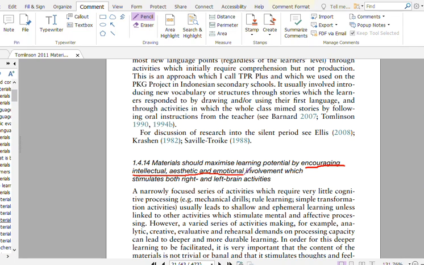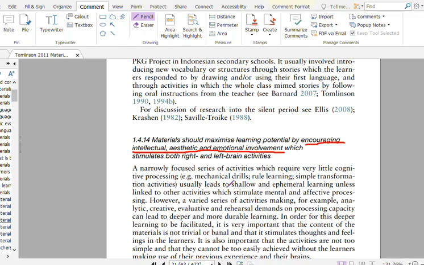It is essential to involve students cognitively or mentally, but if you want to have better, effective and influential learning and development, you need the intellectual, aesthetic, emotional involvement of students. Right brain, left brain, help learners visualize, image, to have imagination, to have dreams. We are human beings. We have feeling, to love something.